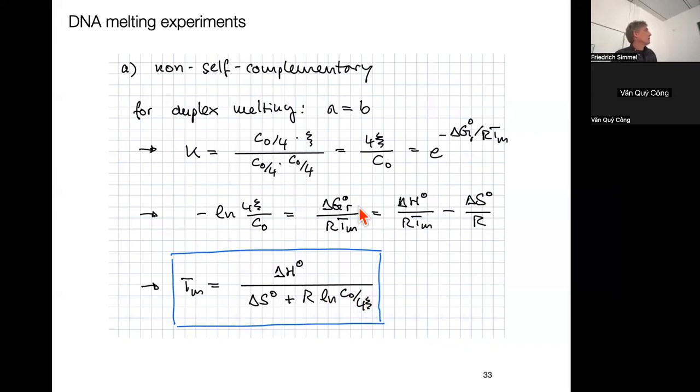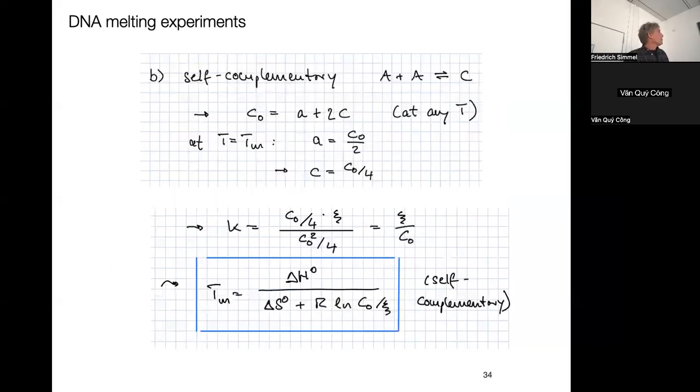And then you can remember that the delta G is really delta H minus T times delta S. So the T cancels out and you get this expression here. And from that, you can now solve for the Tm, and that gives you this expression. Tm is delta H divided by delta S plus R times ln of concentration divided by 4.